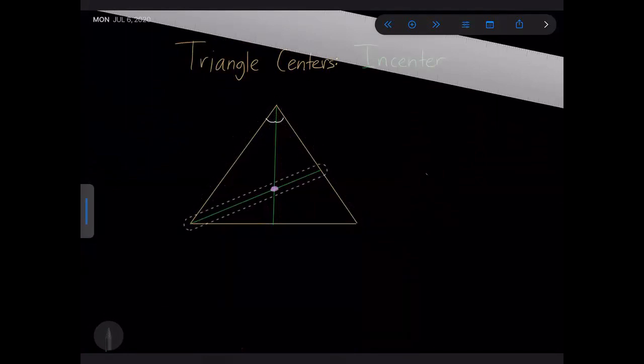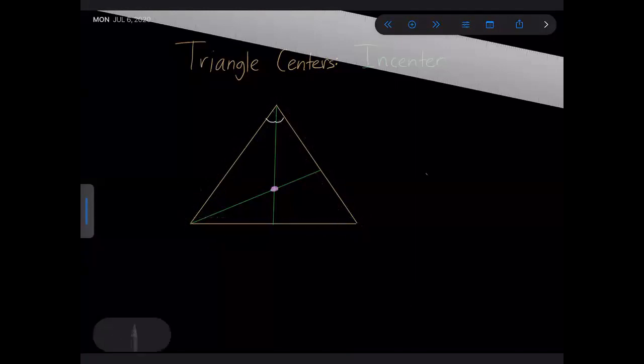This line over here is equidistant from these two lines. So if a point is equidistant from these two, but it's also equidistant from these two, therefore that point must also be equidistant from these two.